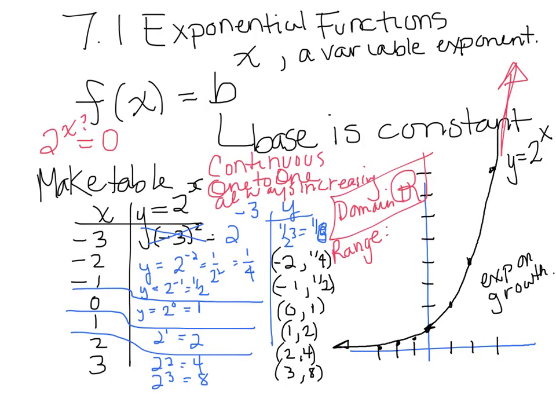And think about what does happen as x gets huge. It's 2 to a negative huge number, which is 1 over 2 to a huge number. Are you with me? So that's 1 over a huge number. And 1 over a huge number is really small. That's just the way fractions work.